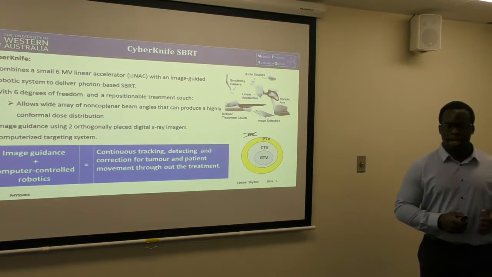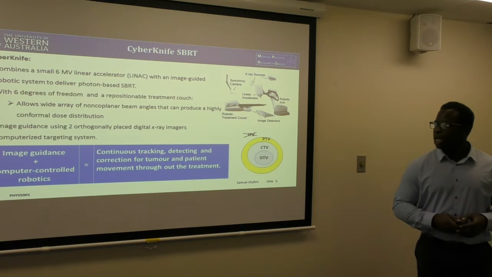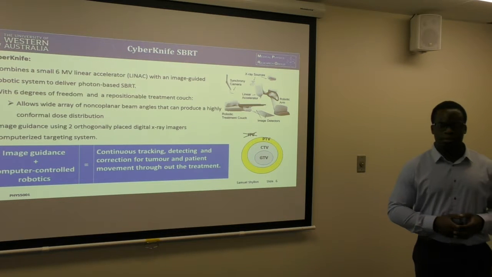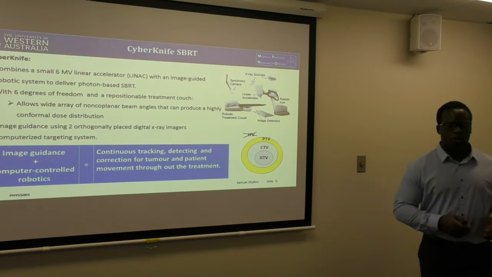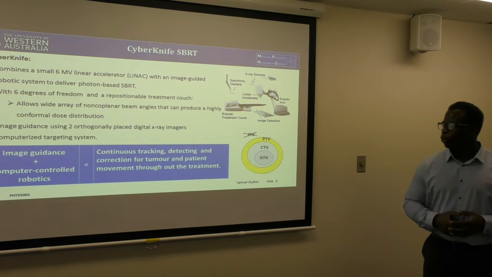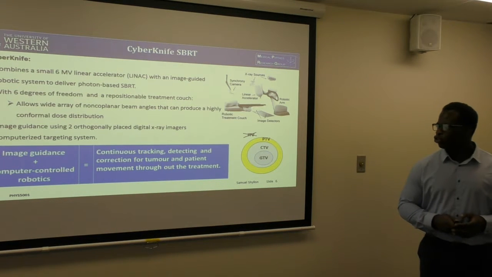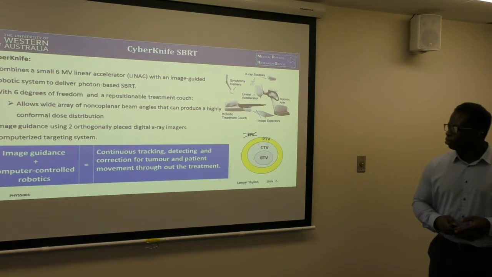It also has image guidance using 2 orthogonally placed digital X-ray images and a computerized targeting system. The combination of the image guidance and the computer-controlled robotics allows for continuous tracking, detecting, and correction for tumor and patient movement throughout the treatment. Essentially, it allows the ITV to be removed or reduced.